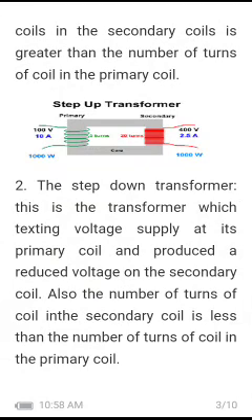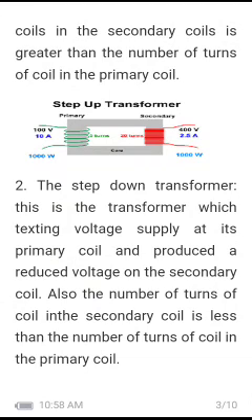Two, we have the step-down transformer. Correct that one also. Not testing.